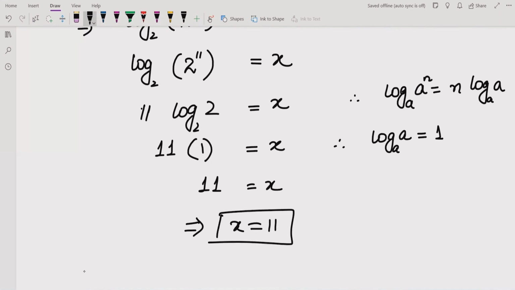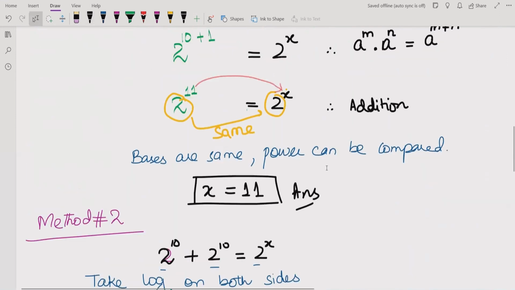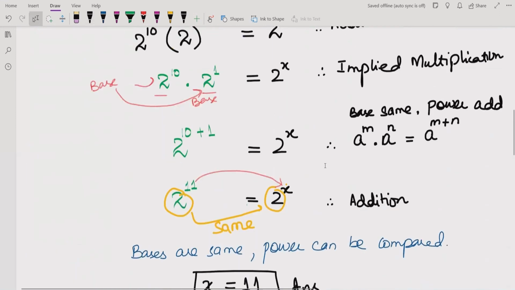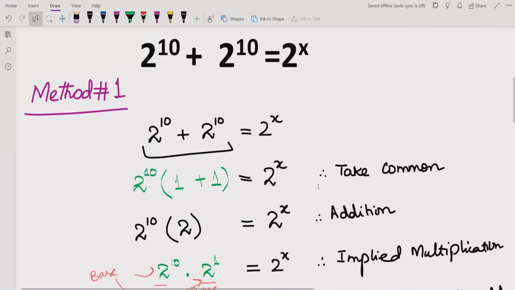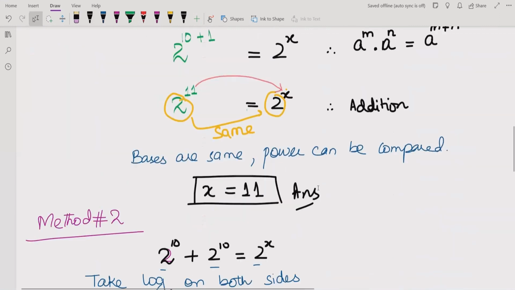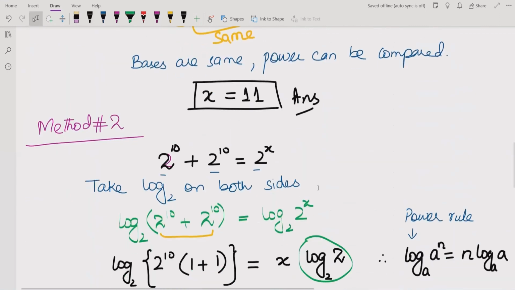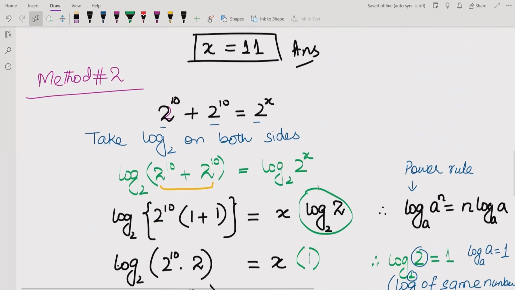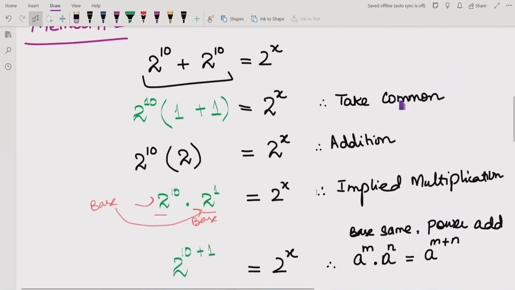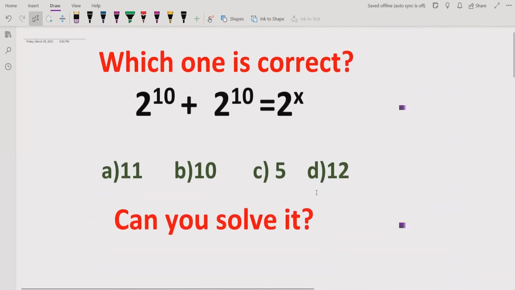So I hope you understand the answer of this method is 11 and the above answer is also 11. But method 1 is very simple, and method 2 is basically the standard method to solve this type of question. If you see the answer list, option A is the correct answer.